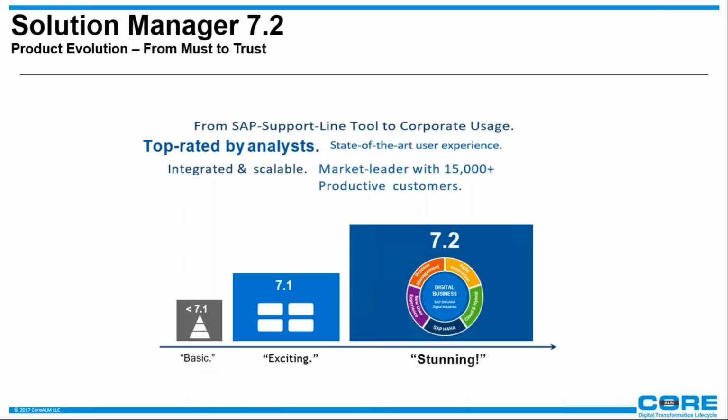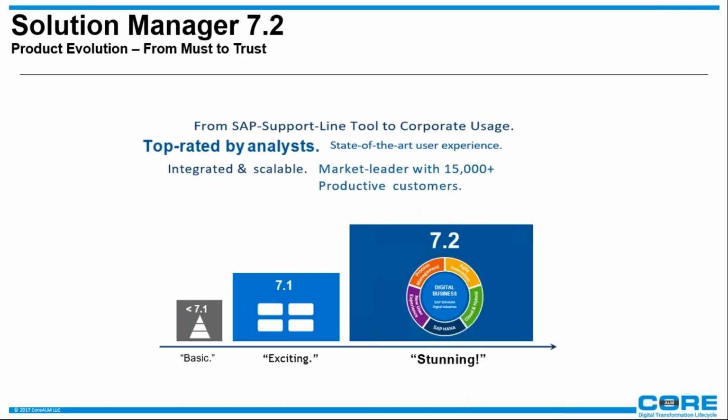Later on with 7.1, testing began to have some new functionality: business process change analysis, scope and effort analyzer, and CBTA is one of those products that was introduced as part of 7.1.